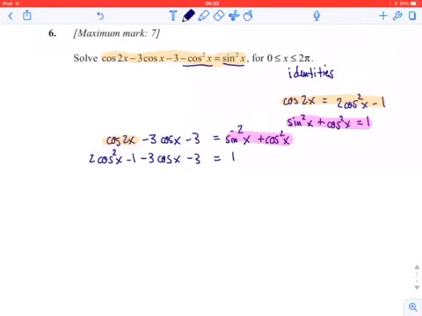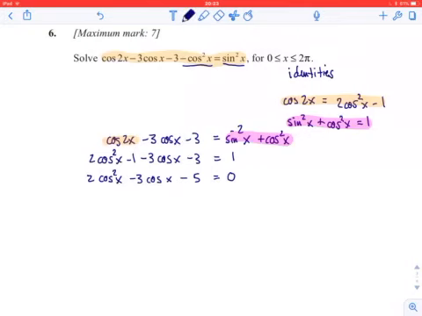So now that we have that, let's simplify things up a bit. So 2 cosine squared of x, I have minus 3 cosine of x, and then noticing that I have a couple constant terms, this becomes minus 5 is equal to 0. Now there are two things that you could do at this stage. You might notice that this is a quadratic in cosine of x.